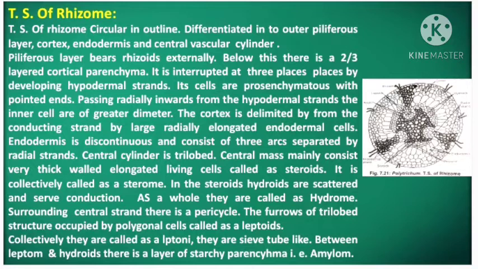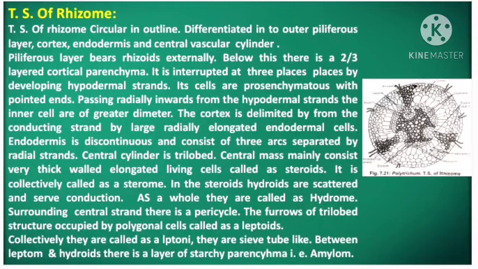The central mass mainly consists of very thick walled, elongated living cells called steroids, collectively called the stereome. In the stereome, hydroids are scattered and serve conduction. As a whole, they are called the hydrome.